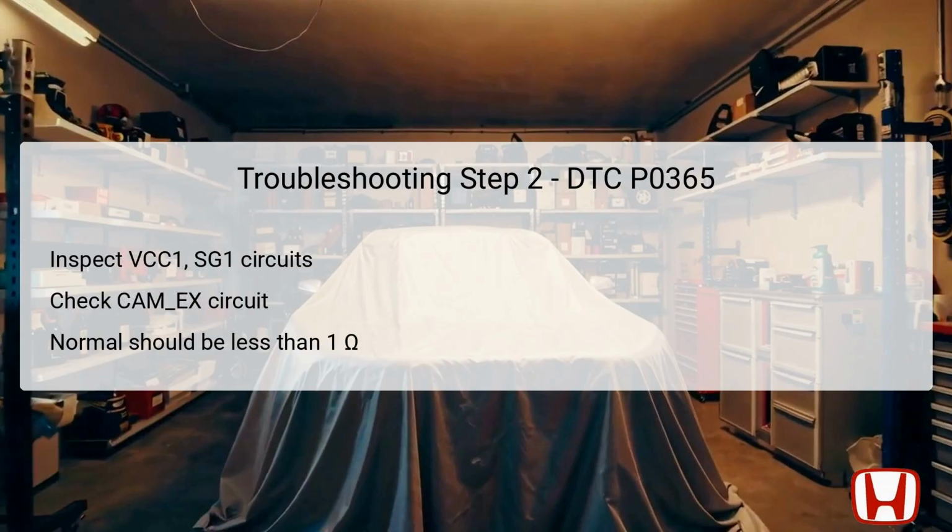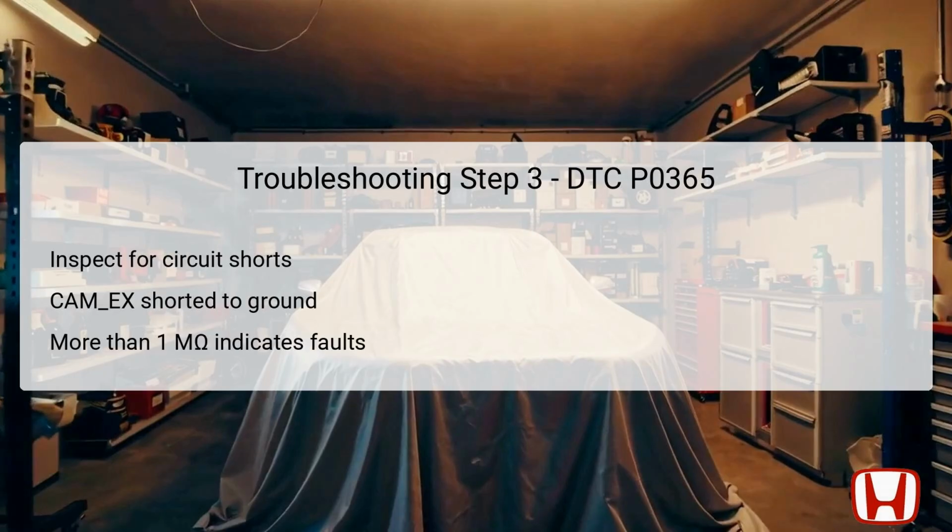The expected readings for the circuits should show less than 1 ohm of resistance, indicating optimal connectivity. If any circuit displays an open condition or resistance greater than 1 ohm, it signifies an issue in the wiring or connection, necessitating repair or replacement to ensure proper function.